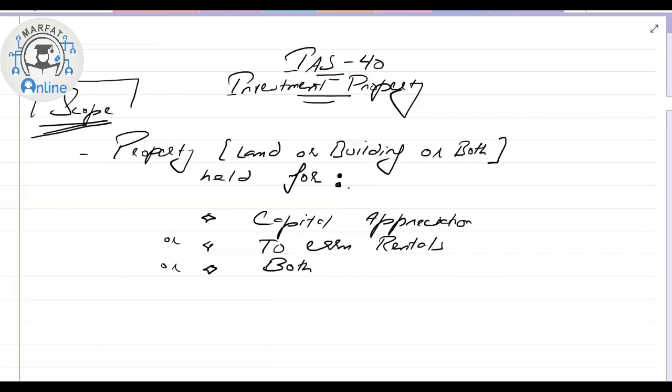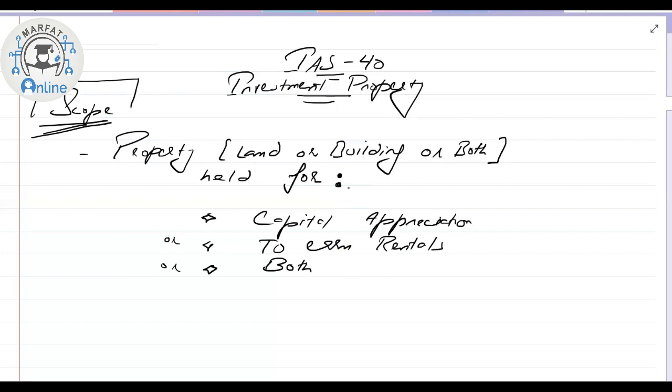But remember one thing, that their business should not be rentals. For example, they have surplus properties and they have given them on rent. But if they have the business of rentals, for example, a housing society with houses which they give on rent, now rental income is their business.